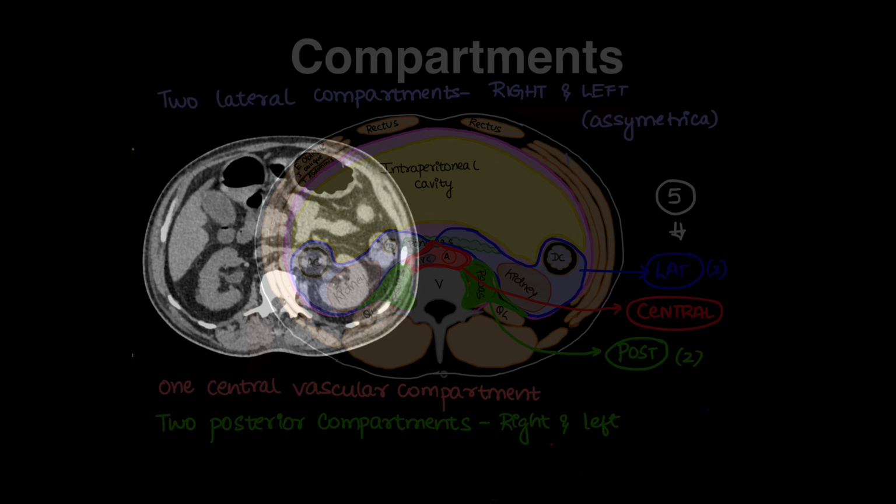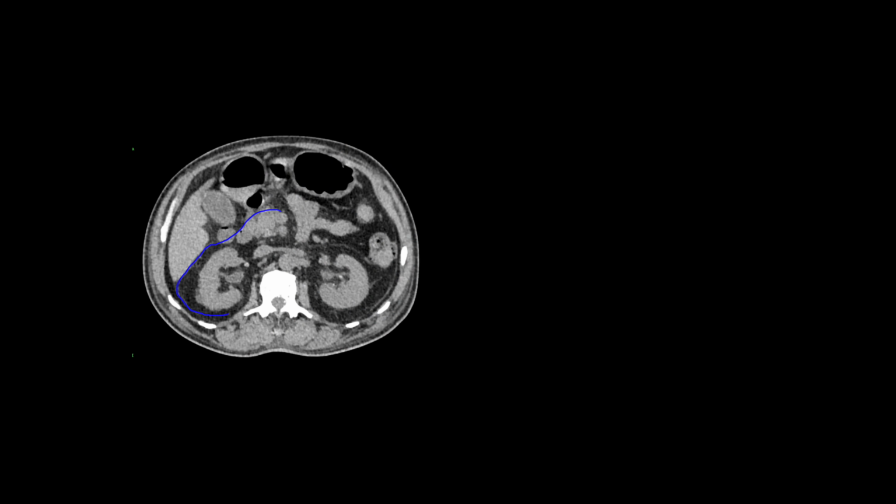We'll see how it looks on CT. Again I'm outlining it in blue. These 2 are lateral compartments. And in between 2 lateral compartments there is a central vascular compartment having IVC and aorta, the major vessels, behind which we have 2 posterior compartments.